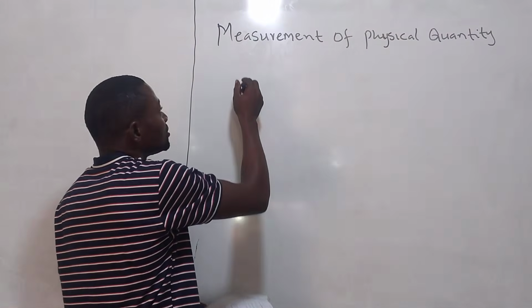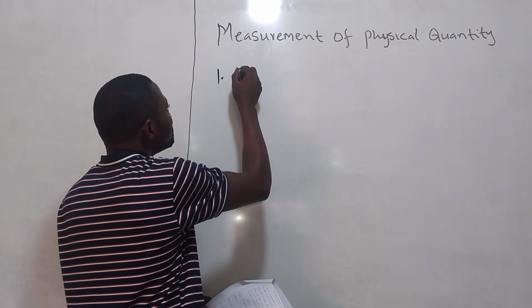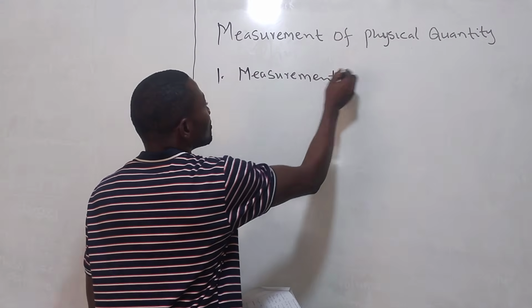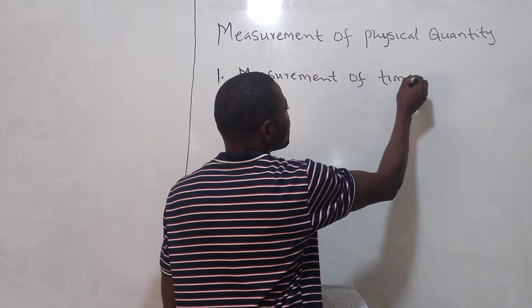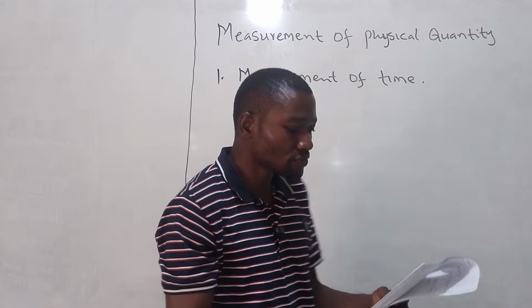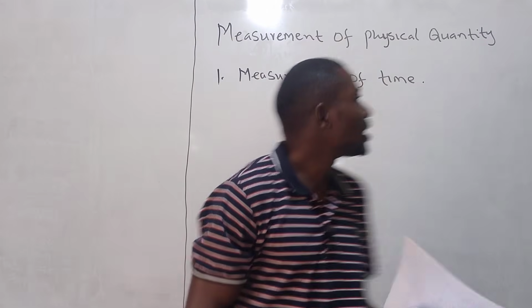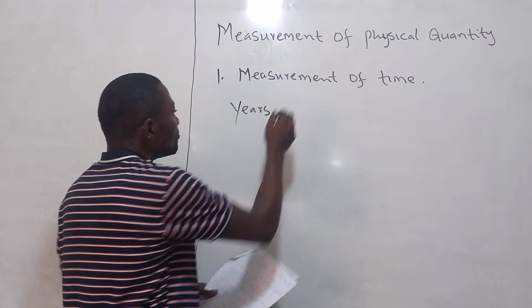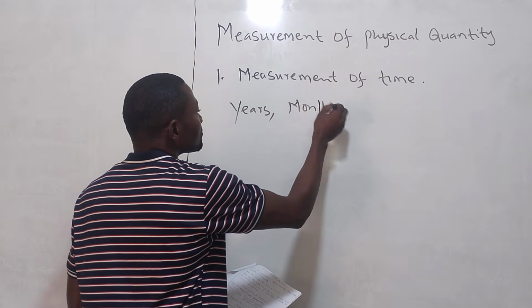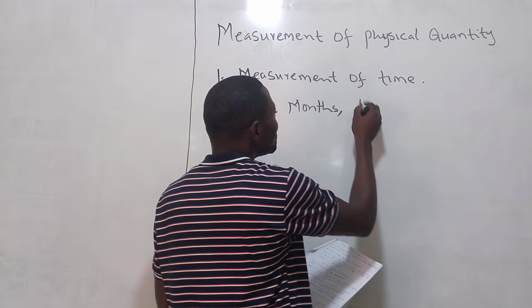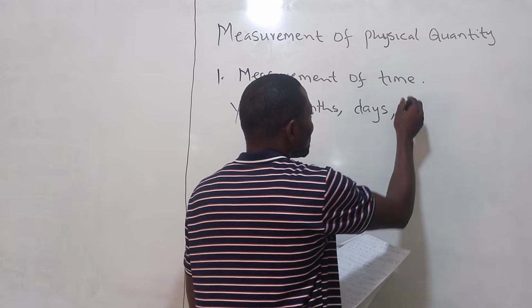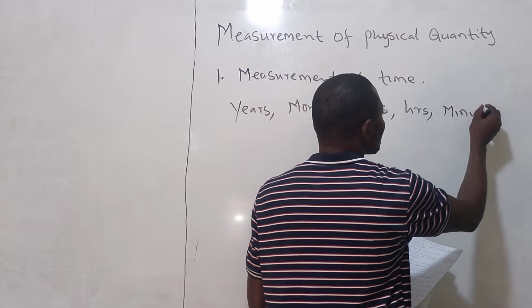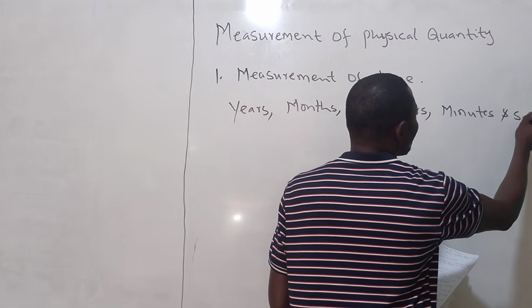The first physical quantity we shall be looking at is measurement of time. Time is measured in years, months, days, hours, minutes, and seconds.